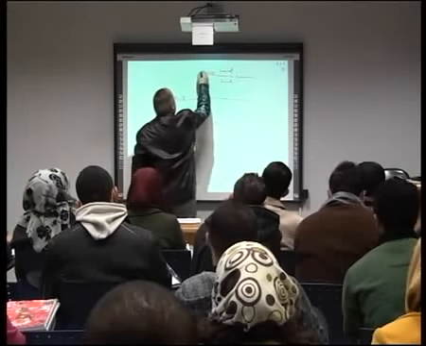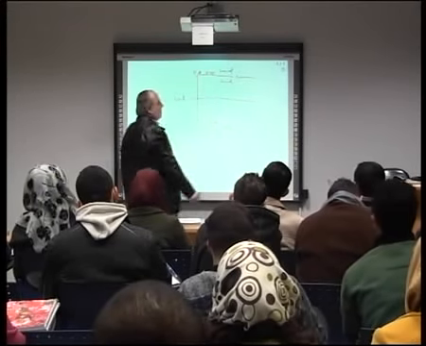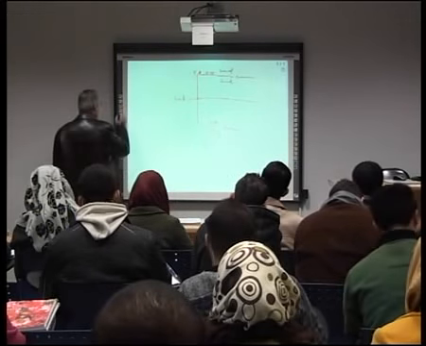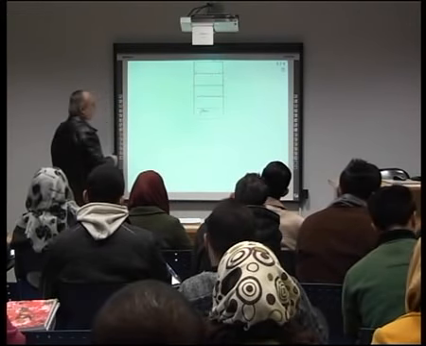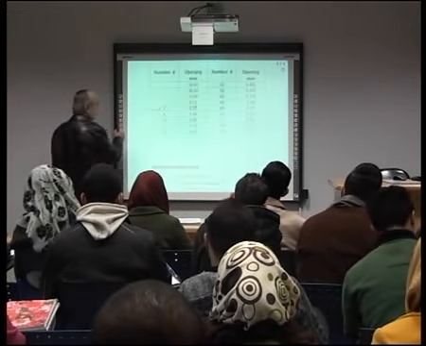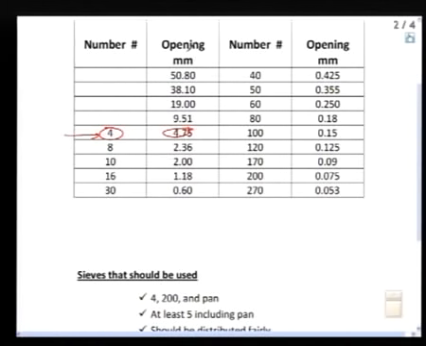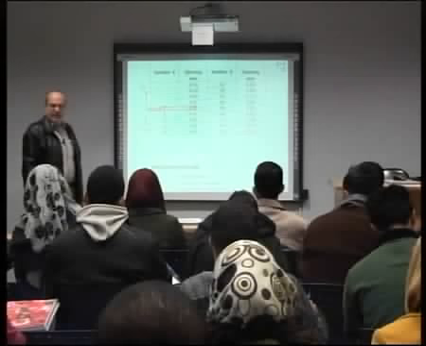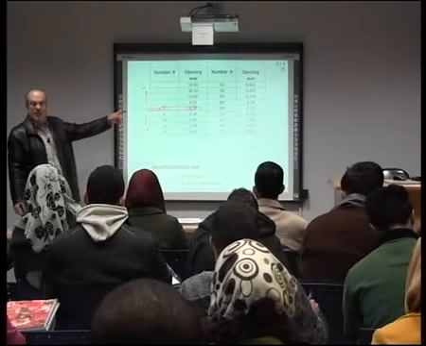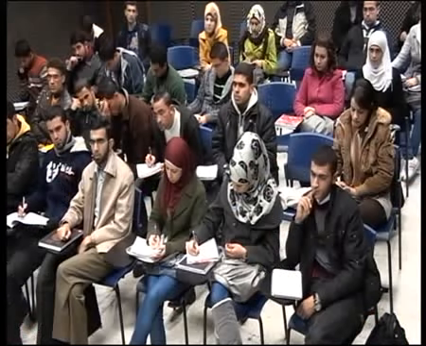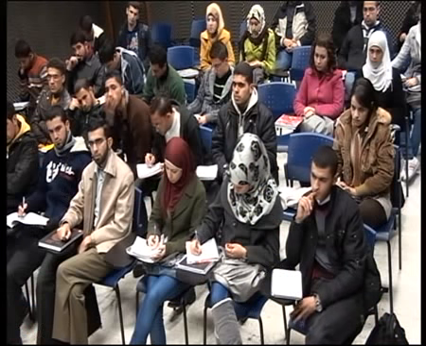This is number 4. This is important because it's the borderline between gravel and sand, so we should have it in our sieve analysis test.